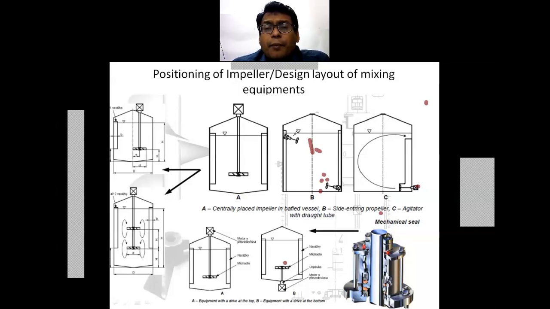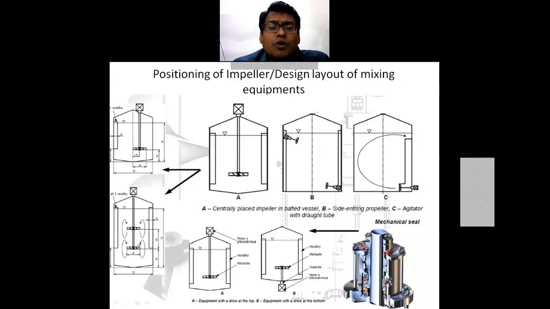The provided agitator should fulfill the purpose with the minimum amount of energy consumption. Now the shaft can extend up to the bottom also. From one end the shaft will start with the impeller and it will end at the other end.